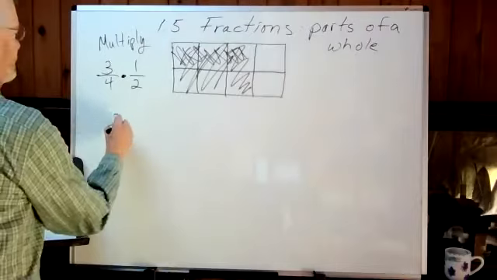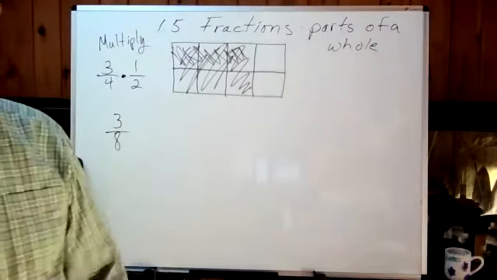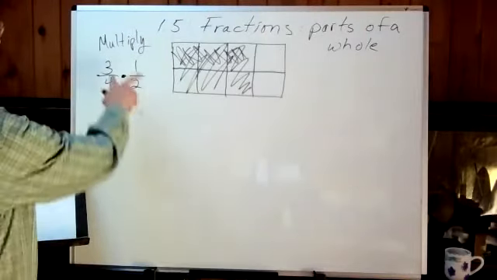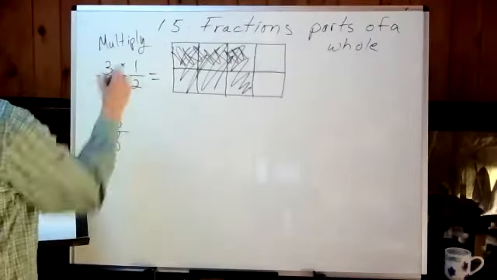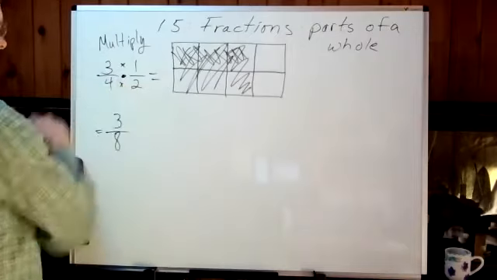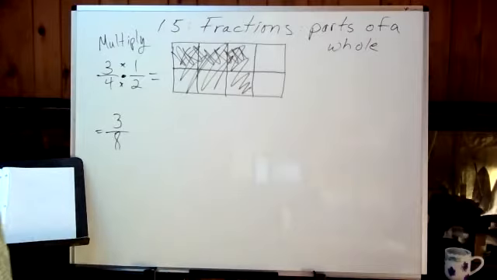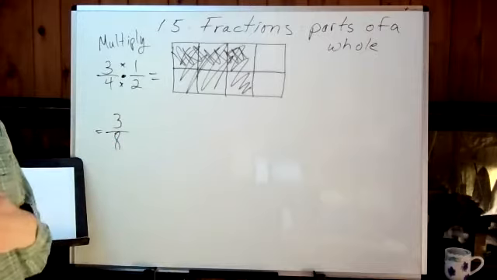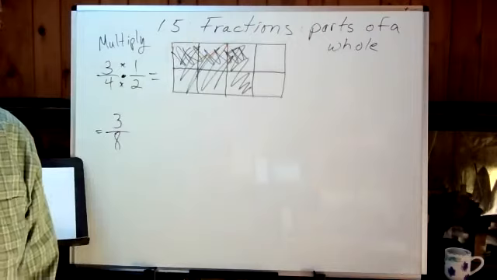So I have 3 out of 8 now instead of 3 out of 4. The picture is supposed to help us see that from here to here, we multiplied 3 times 1, and we multiplied 2 times 4, and that's what we do with multiplying fractions. You multiply the numerator values together, and you multiply the denominator values together, just straight across, all right?